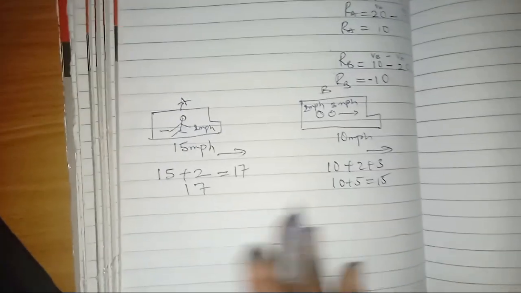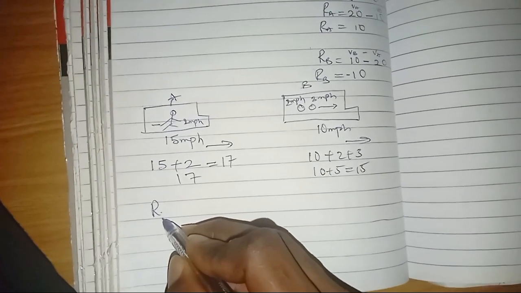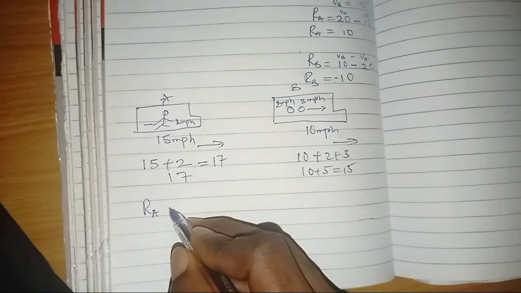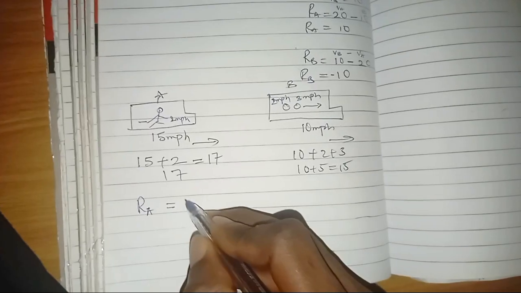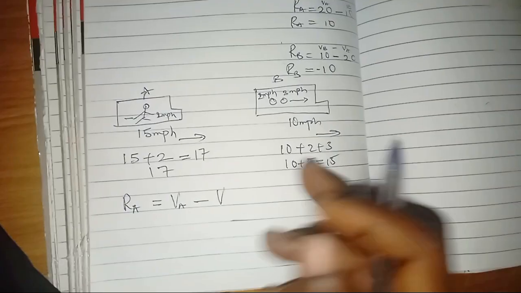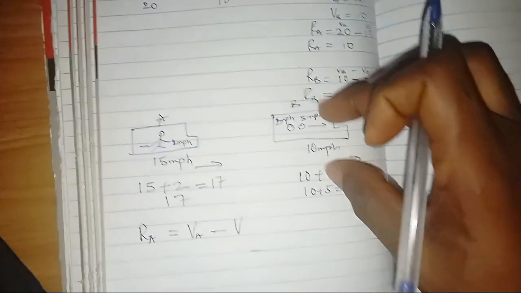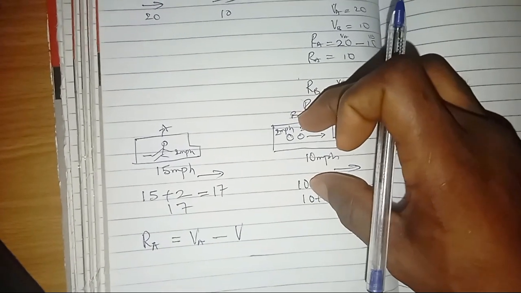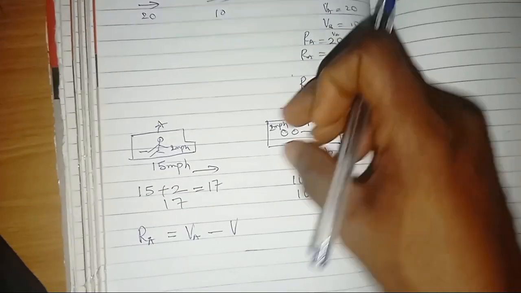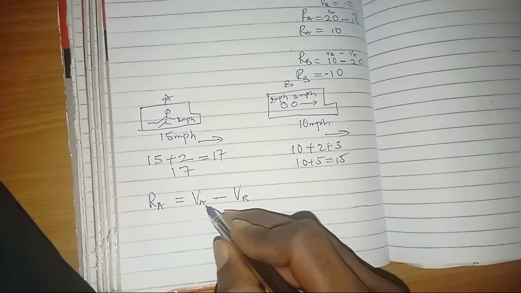So if I now ask you, since they are moving in the same direction, you remember that relative velocity of A will simply be R_A equals velocity of A minus velocity of B. That is, if I say find the relative velocity of A due to B, it is the observation of someone inside this B car looking at A, which is simply going to be V_A minus V_B.